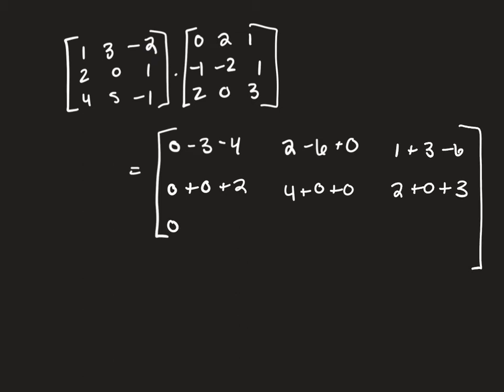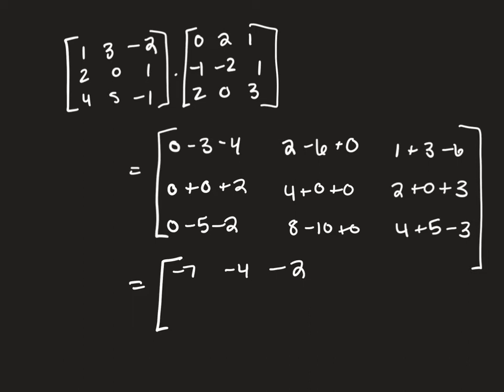So 0, negative 5, negative 2, 8, negative 10, 0, and 4, 5, negative 3. So that's going to give us negative 7, negative 4, negative 2, 2, 4, 5, negative 7, negative 2, and 6.